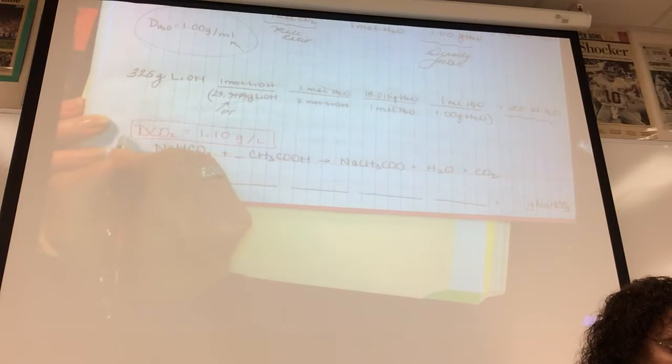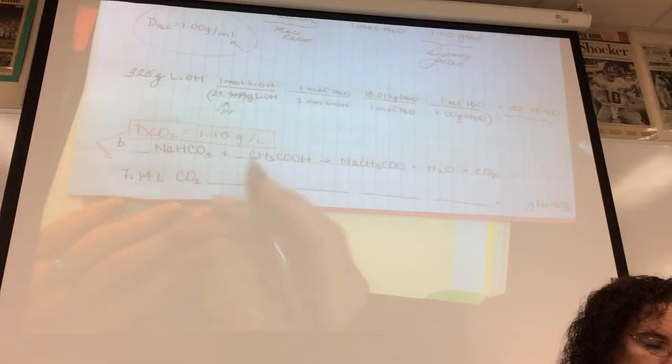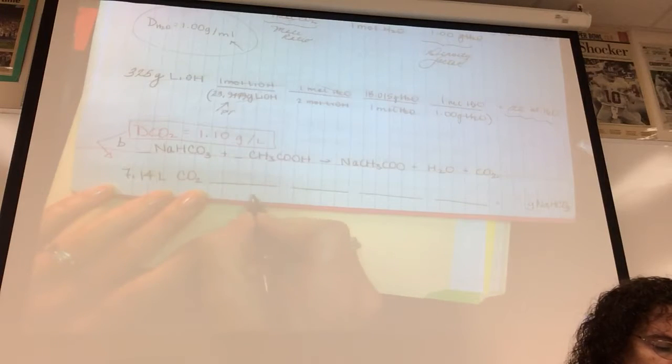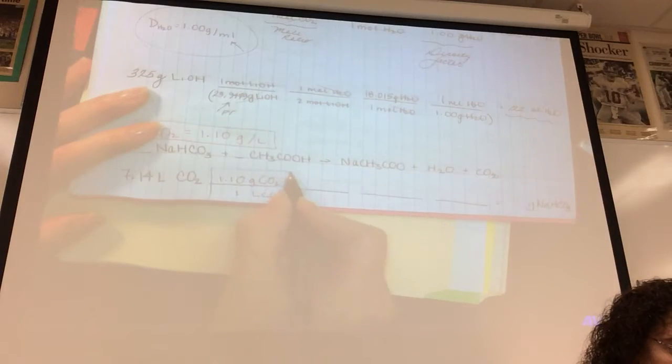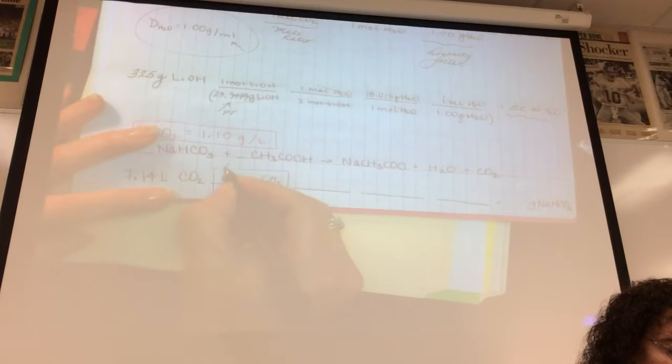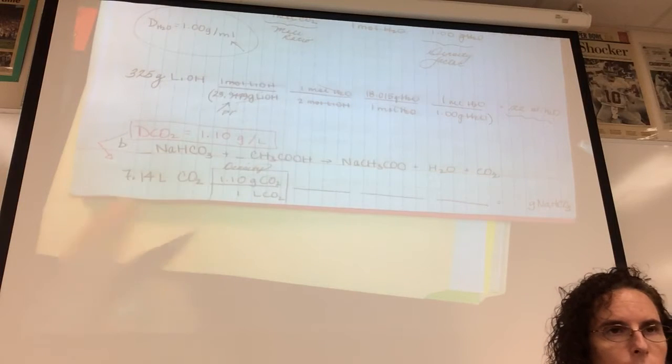And they gave you liters, which makes it easy, because if you have liters of CO2 here, you need it here. And this is per 1 liter. 1.10 grams of CO2 goes here. So your density goes right at the beginning, and you don't need to take the reciprocal since you are getting rid of the liter unit.